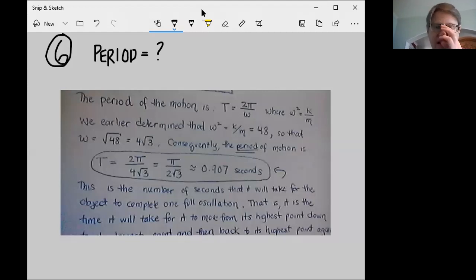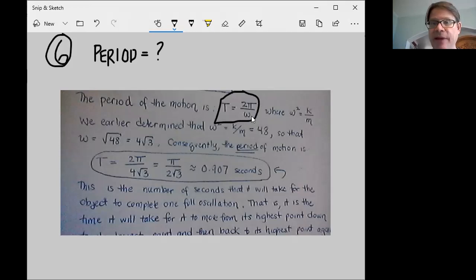Because it's periodic using sines and cosines, and because the sine and cosine functions have periods of 2 pi, it turns out that we can derive that the number of seconds needed for an object in idealized undamped motion to complete one full period is going to be, we use the capital letter T for the period, simply 2 pi divided by omega.